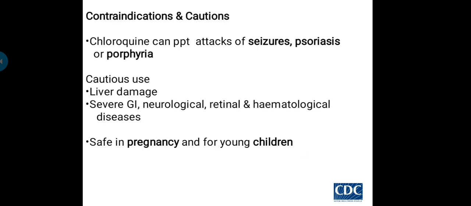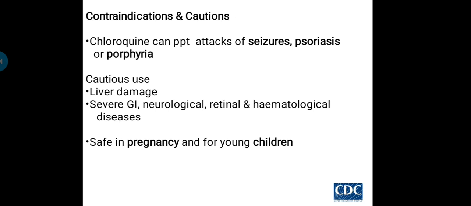And contraindications: what are the contraindications? Chloroquine can precipitate attacks of seizure, psoriasis, or acute intermittent porphyria. That's why we have to take a history whether the patient is already suffering from any epileptic disorders, any porphyria, or any psoriasis. We have to avoid chloroquine in those patients. In liver disease patients also, we have to avoid it.